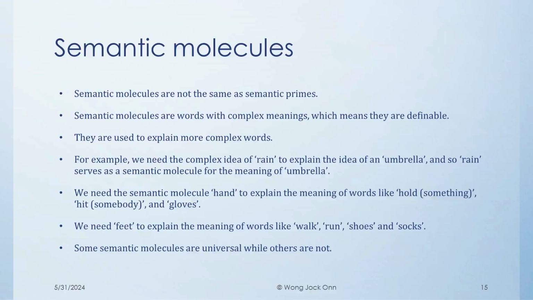We need the semantic molecule hand to explain the meaning of words like hold, hit, and gloves. And we need feet to explain the meaning of words like walk, run, shoes, and socks. Some semantic molecules are universal while others are not. Can you think of other semantic molecules?